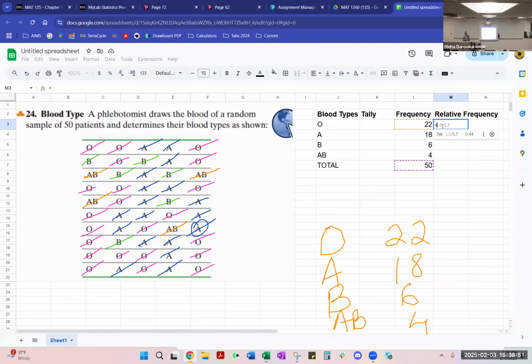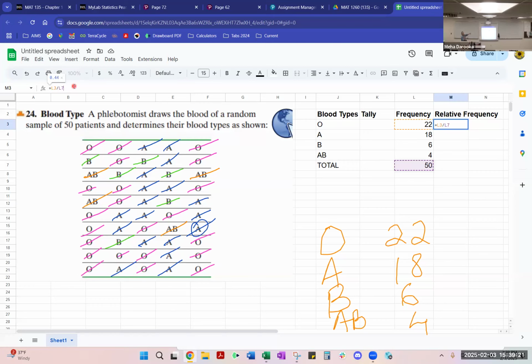So instead of typing numbers, because I can type equal to 22 divided by 50, or I can use a cell reference. You can see right here at the top, where the FX bar is, I'm using L3 divided by L7, because that way, if my table changes, I don't have to go back and change the numbers in there.